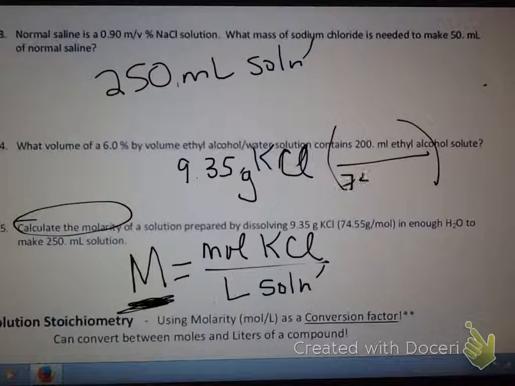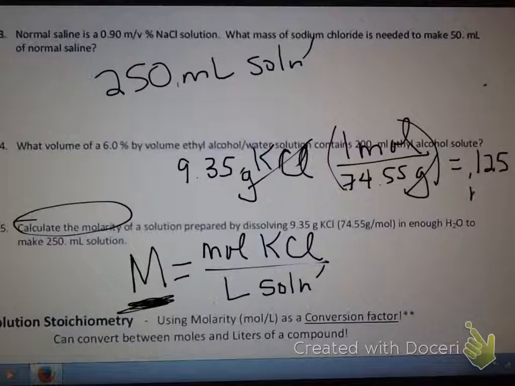I'm going to put the 74.55 grams of potassium chloride on bottom, and I'm going to put the mole on top. 9.35 divided by 74.55 equals 0.125 moles of potassium chloride. So really quickly I can convert grams to moles.